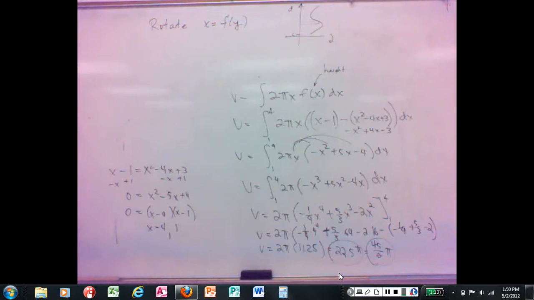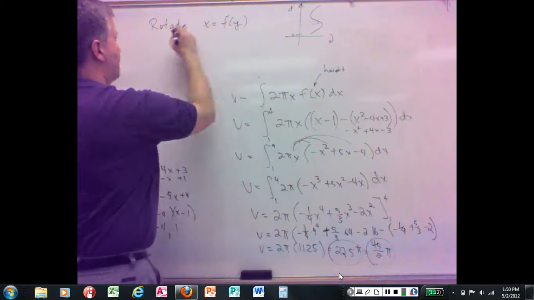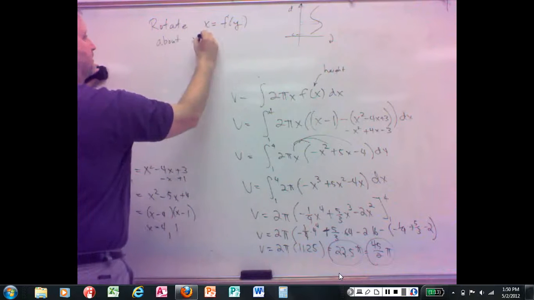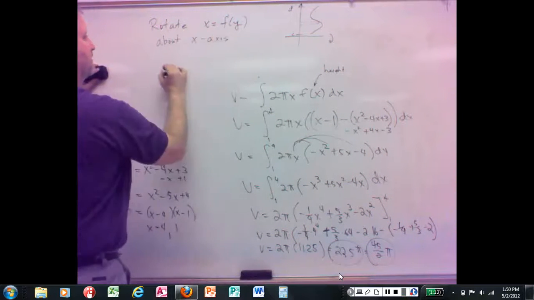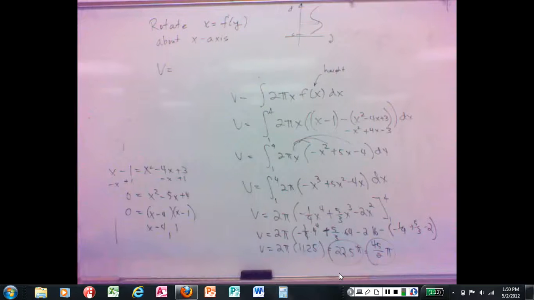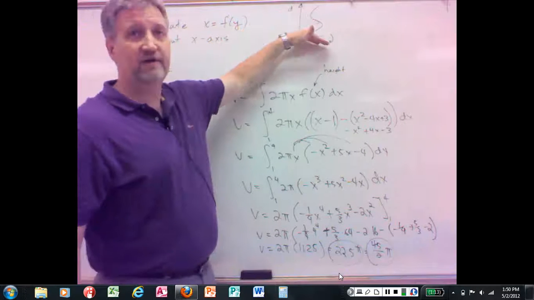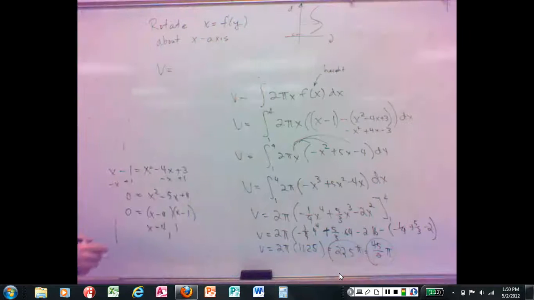Right? If it's an x equals f of y, that's not going to be easy to change back to y equals f of x. So that's about the x-axis. That's also shell method because I want to integrate with respect to y, and that's parallel to the x-axis. That's shell method, but it's in terms of y.